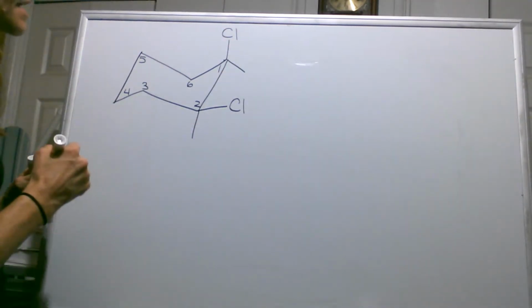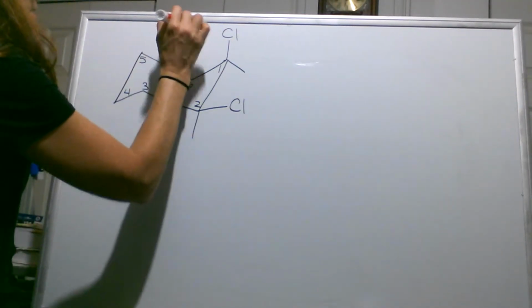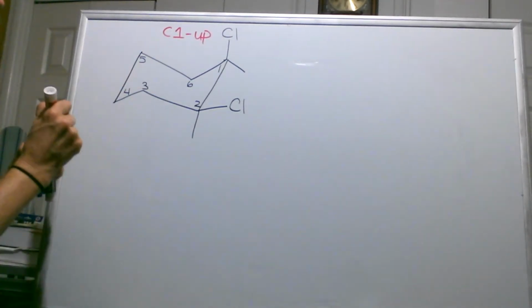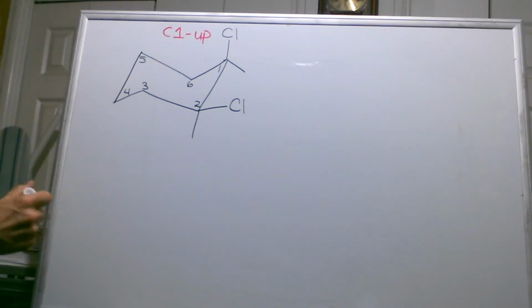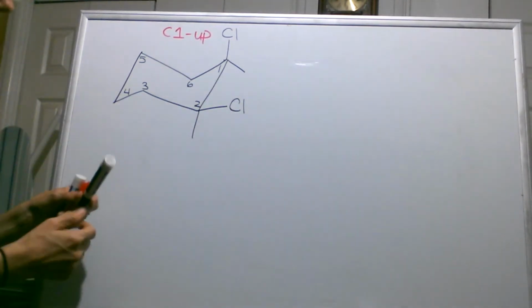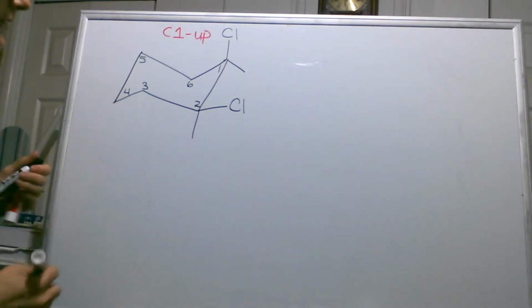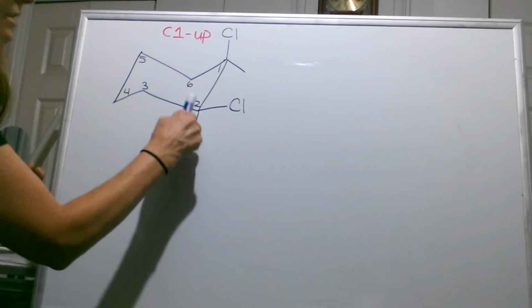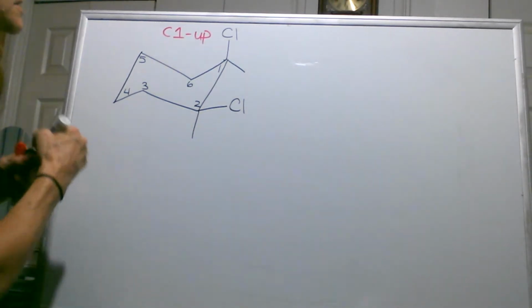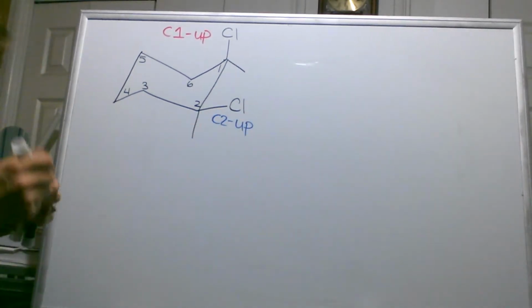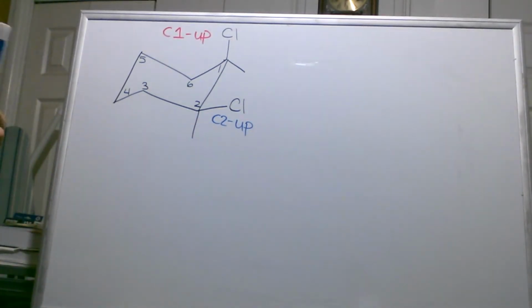So I think the axial position is fairly obvious. On C1, the chlorine is pointing up. I don't think there was any uncertainty there. But here, if you didn't recognize that that was equatorial, then that could be confusing. But once we draw the other bond in and see the axial that is clearly pointing down, then there's no doubt that the C2 substituent, the C2 chlorine, is pointing up.